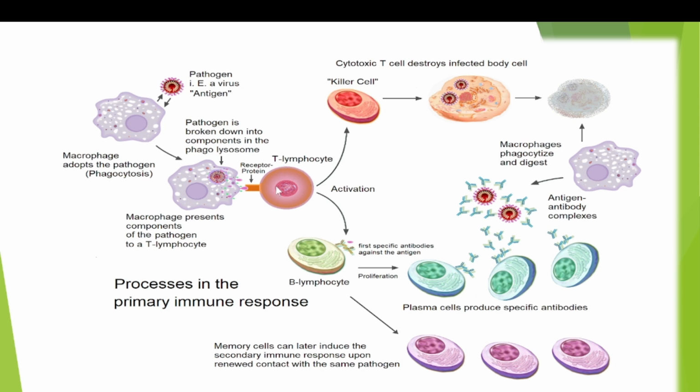Once the pathogen or pathogen particles are recognized by the T helper cells, they tell either the T cells or the B cells. If it is a viral pathogen, they tell the T cells, and these T cells are involved in cytotoxicity, or killing of the particular infected cell.